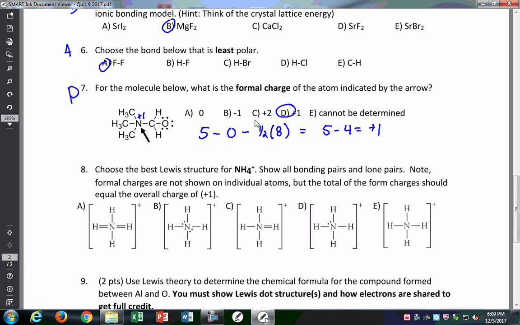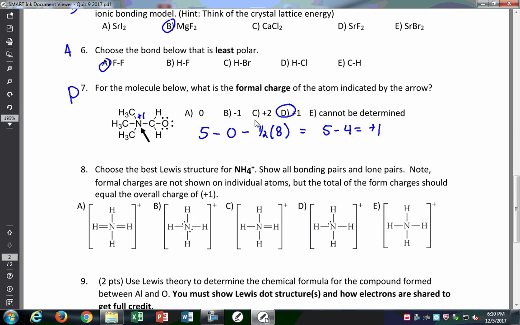Hydrogens have 1 bond. So for the formal charge, you take the valence electrons. The formal charge, you want to know if you were to break the bond and 1 electron went on one atom, 1 electron went on the other. You did that for all the bonds to that atom. Would you have the valence electrons that the periodic table predicts? Now, if we have lone pairs, they're clearly sticking with that atom. So to calculate our formal charge, it's the amount of valence electrons that should be on the atom.